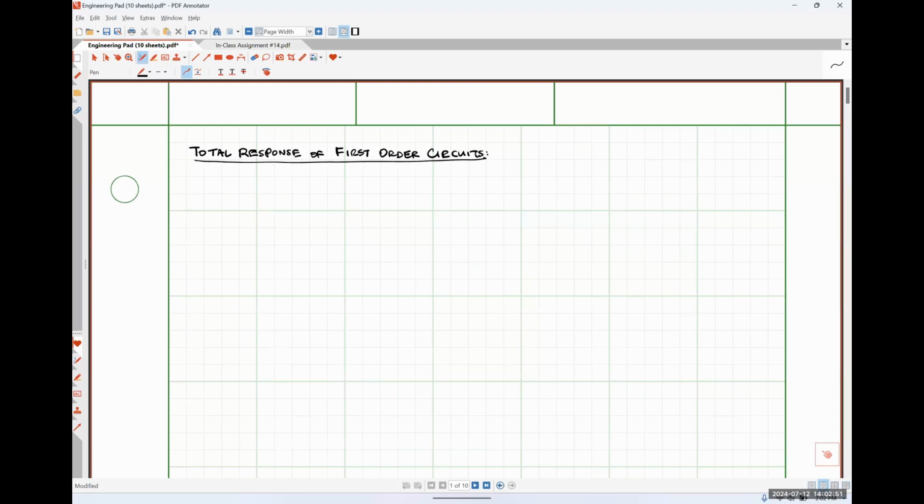So the first thing that I want to talk about today in particular is what's called the time constant for first order circuits.